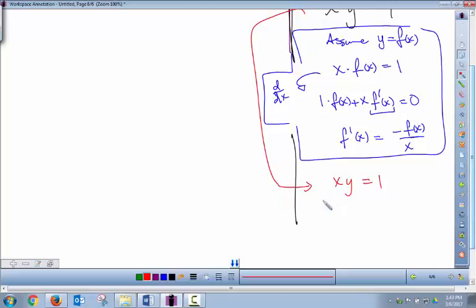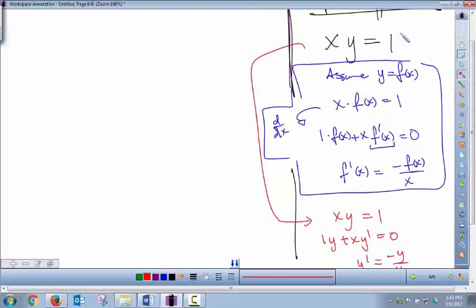So derivative of the first times the second plus the first times the derivative of the second, and then you solve for y prime, which is the same thing, except if you're used to that idea that y is a function of x, then you're ready to tackle more complicated equations that have multiple y's in it, which is what sometimes happens. That's the idea behind implicit differentiation way back when.